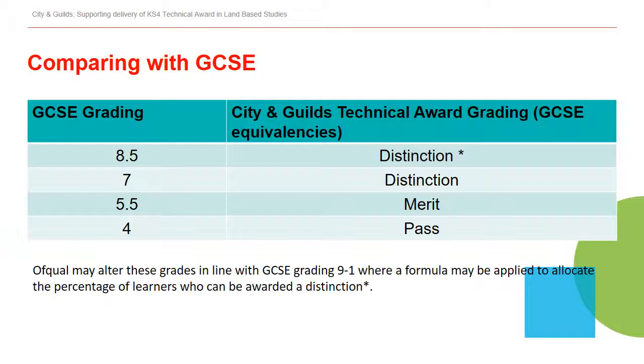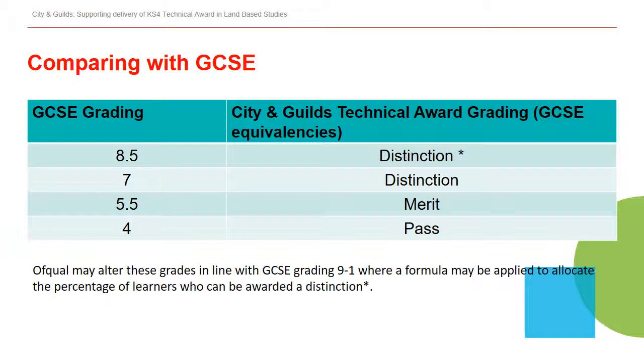This slide shows the points awarded against a GCSE qualification. You will see that the technical award only has 4 possible grades instead of a GCSE, which now has 9 possible grades. All technical awards are set at level 2, which is equivalent to GCSE pass grades of 4 to 9 only.